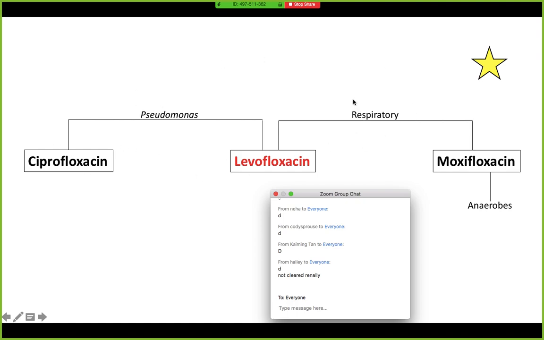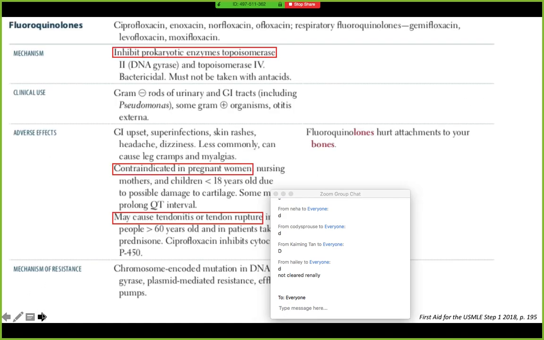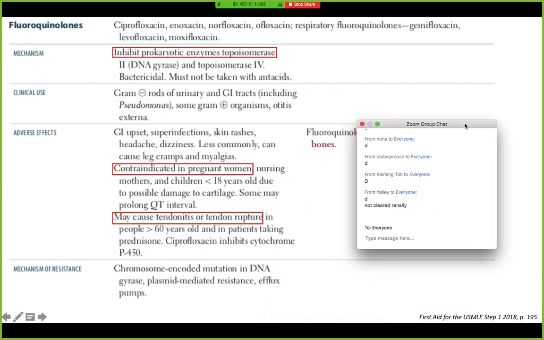So I would make sure that you know this, and that should get you a point on the exam. And then also tendinitis and tendon rupture. This is something that they hit on a lot as far as an adverse effect of fluoroquinolones.